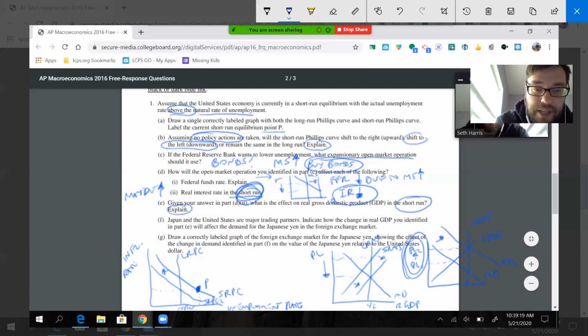You got to explain here. So interest rate decreasing, you should say something about interest rate sensitive components of GDP are going to increase. So consumption is going to go up, investment's going to go up, for sure, those two, and probably net exports as well.